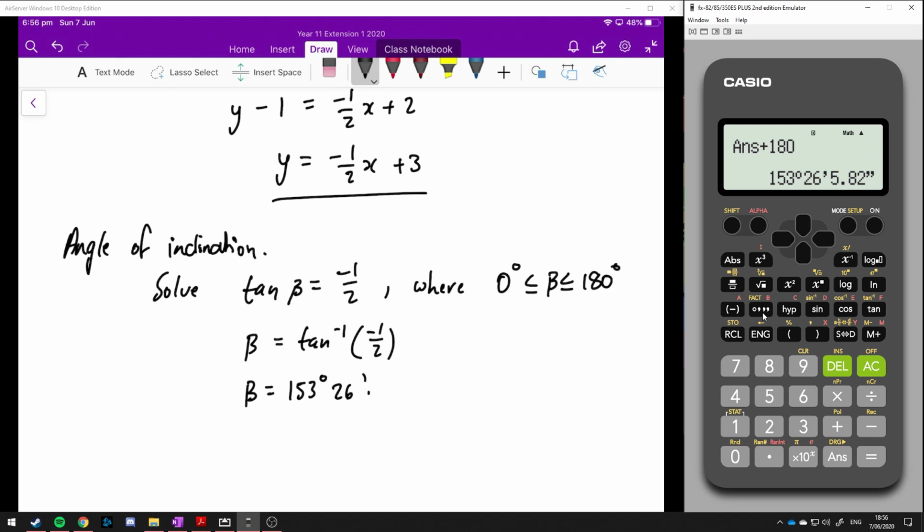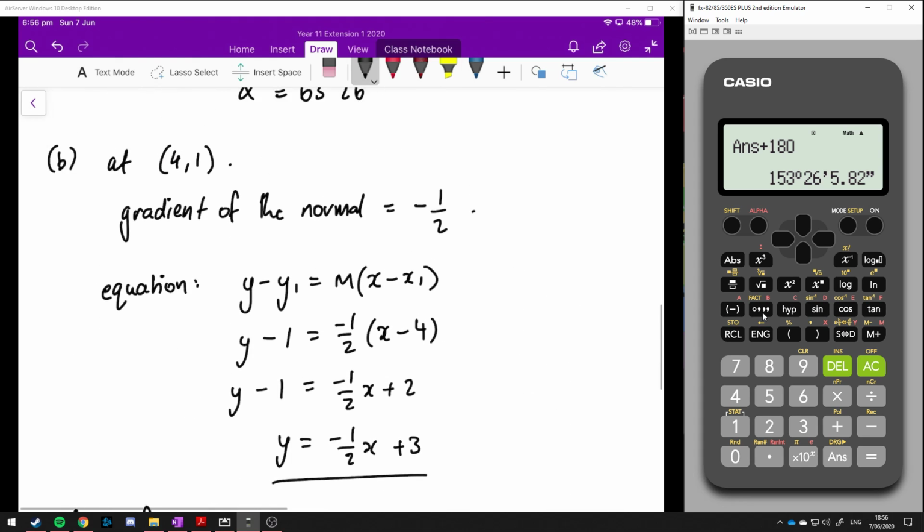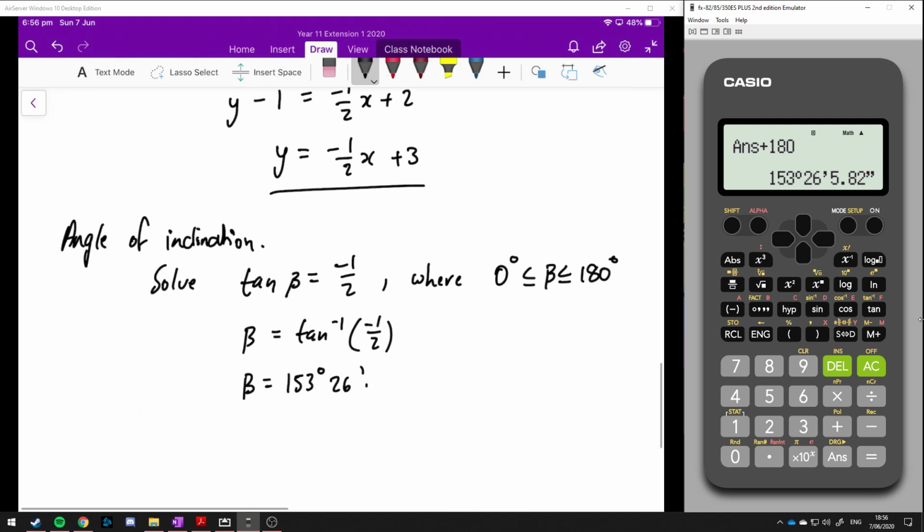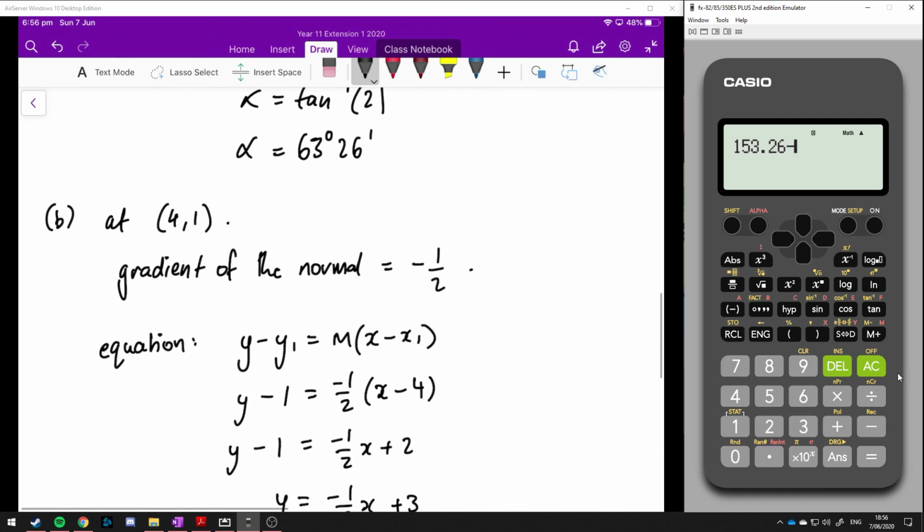So that is our 2 different angles of inclination. Now we should notice 63 degrees 26 and 153 degrees 26. If we subtract them, what you should notice is that we get exactly 90 degrees.